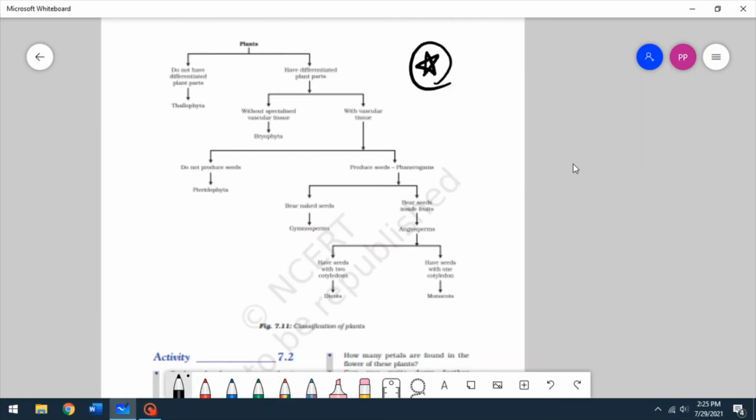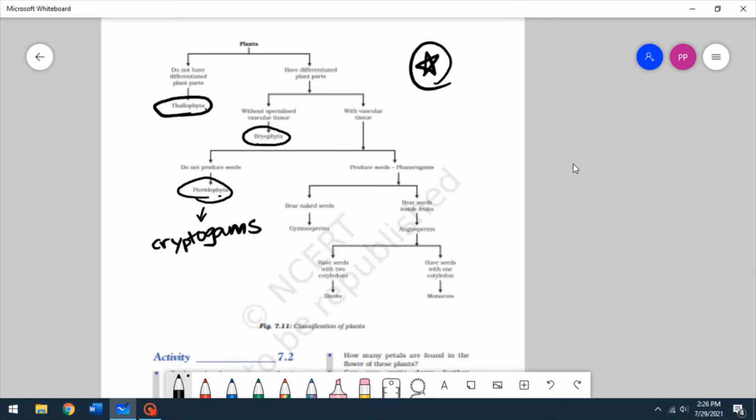If they have differentiated plant parts, it is subdivided, but if they don't, it's Thalophyta. If it has vascular tissue, they are subdivided, but if it doesn't, it's Bryophyta. If they produce seeds, they're subdivided, but if they do not produce seeds, they're Pteridophyta. Here I told you to remember the word cryptogams.